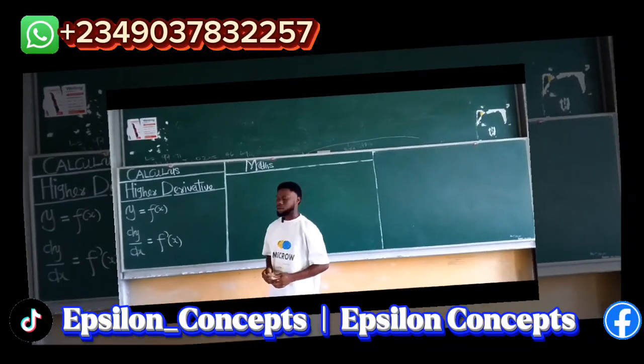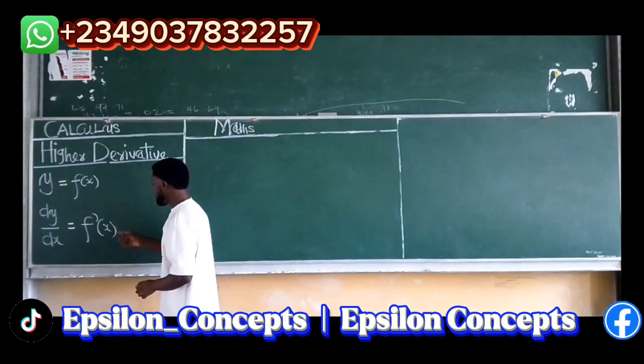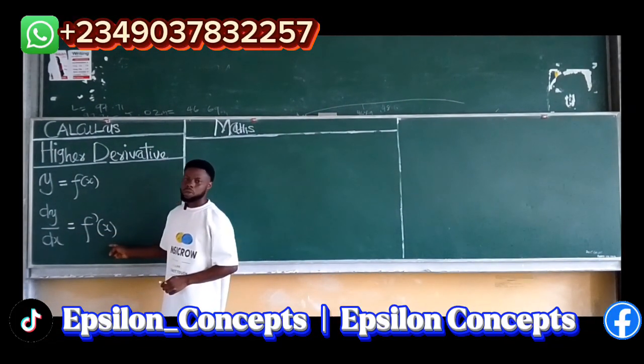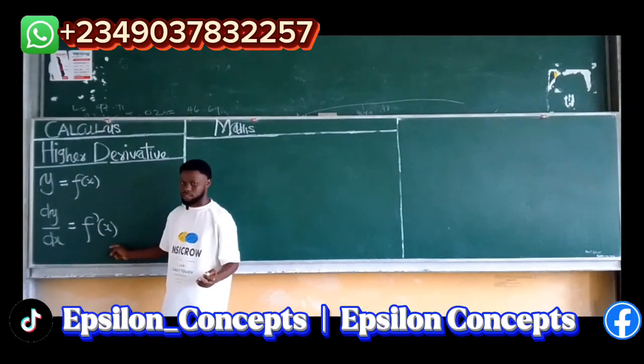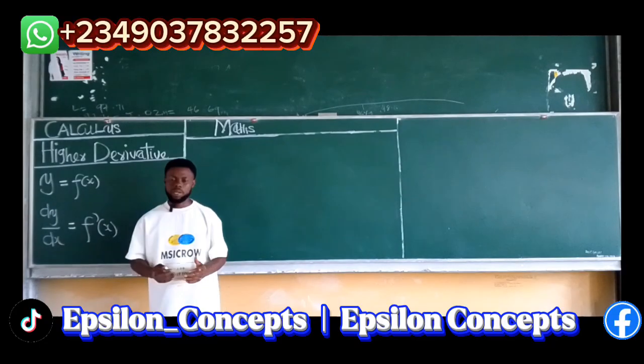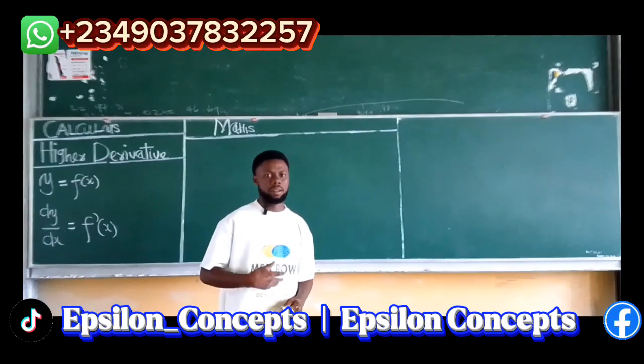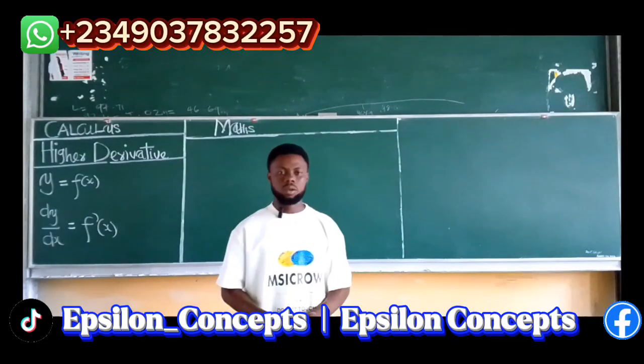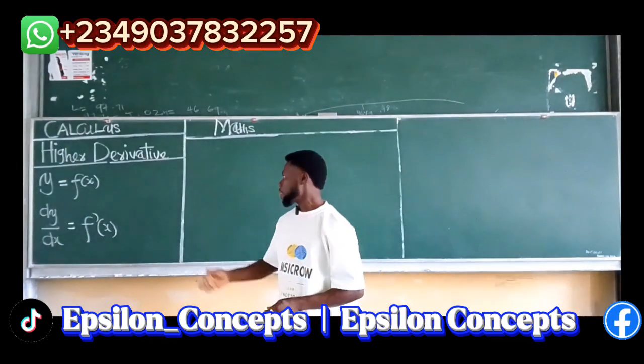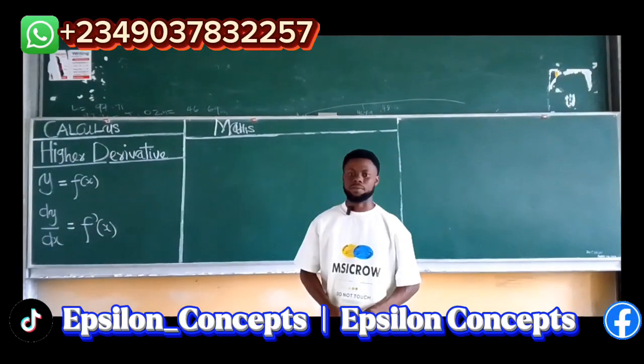So what if we are required to differentiate the result from dy over dx or f prime of x over again? That process of finding the derivative again and again and again is what is known as the higher derivative.